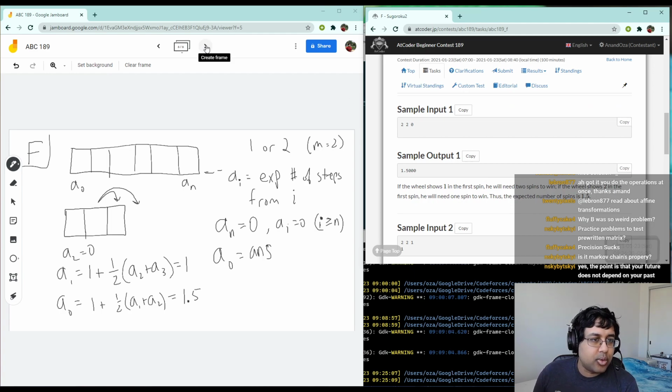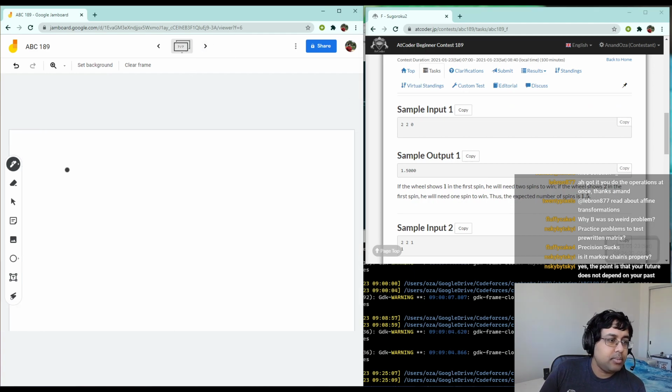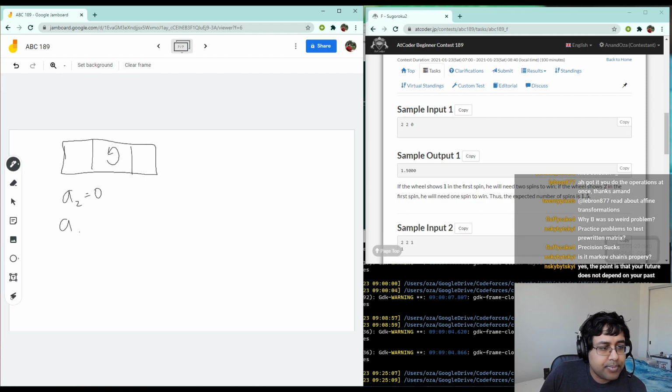So now we're going to go through the more complicated example. For the next example, we have the same thing, except this is a return to sender square. So again, a2 equals 0.